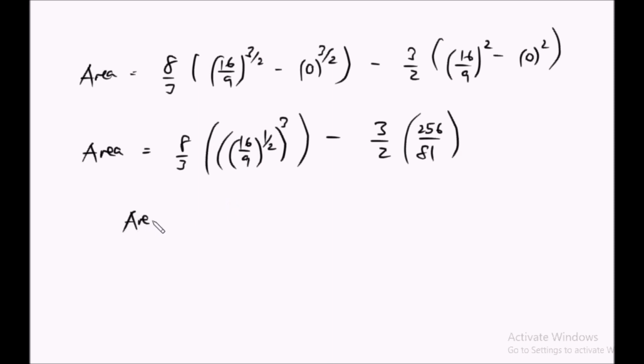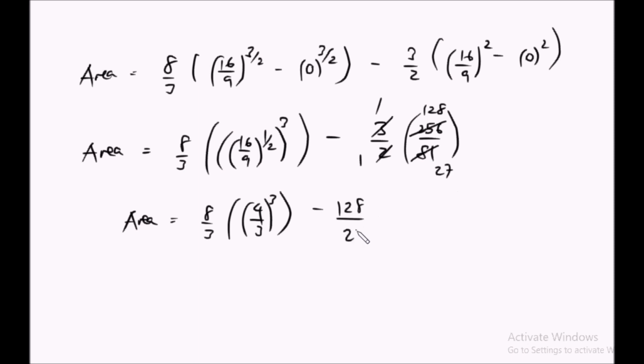So the area now will be 8/3 times, half is square root, the square root of 16 is 4 and the square root of 9 is 3. So all this power 3. Minus, here by 2 is 1, 256 by 2 is 128, by 3, 81 by 3 is 27. So here we get 128/27.